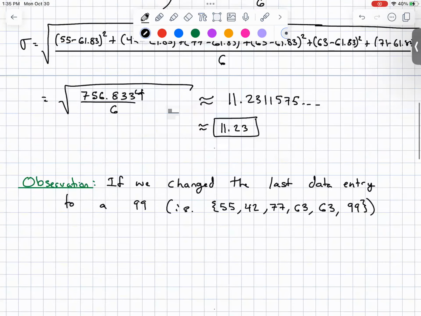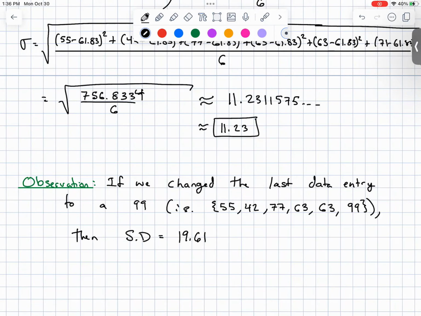So if we change the last data entry into a 99, then the standard deviation, SD, is equal to 19.61. I don't want to go through the calculation, but this is something you'd want to do on your own time.